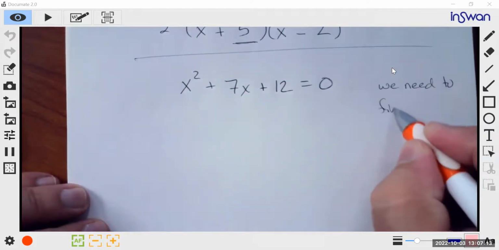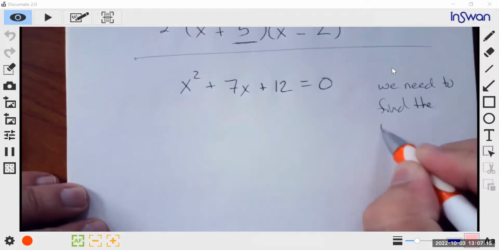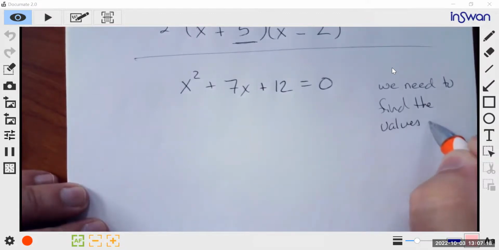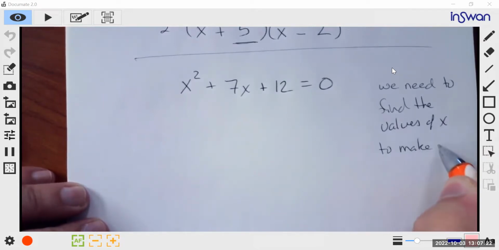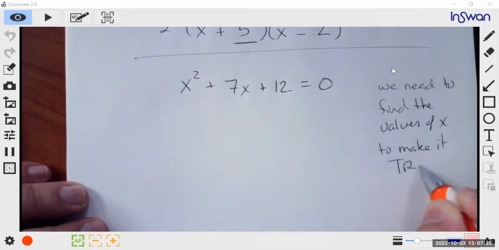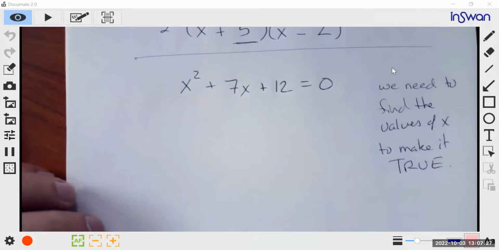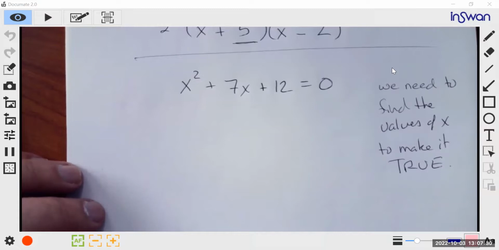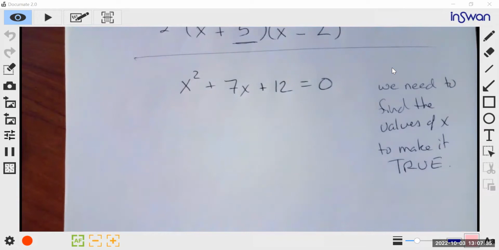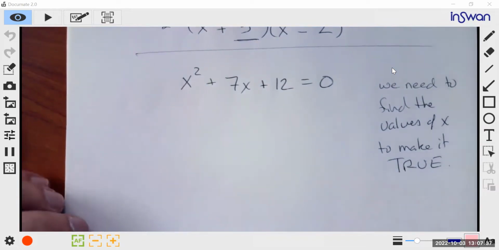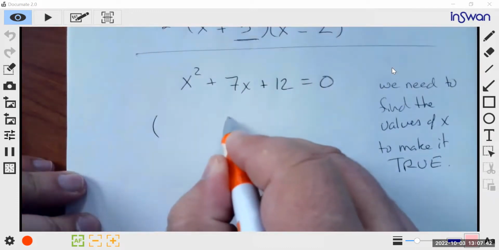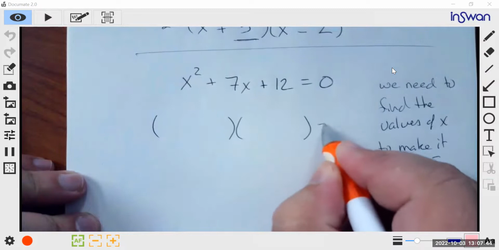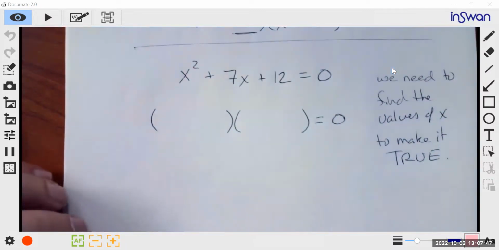We need to find the values of x to make it true. So in other words, we have to solve these. Whenever you have an equal sign, you solve them. So since it equals 0, now we can try to factor it.